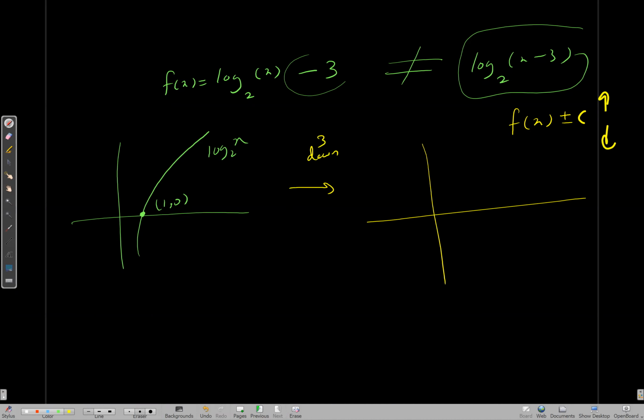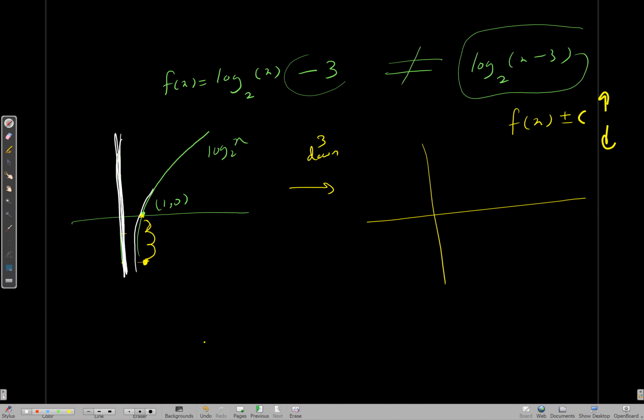So how do you draw it? Now it's a little tricky. So this point will go 1, 2, 3 down, so to this point. But when you try to draw it, let me put it this way. So think about the vertical asymptote. The old vertical asymptote is this y-axis.